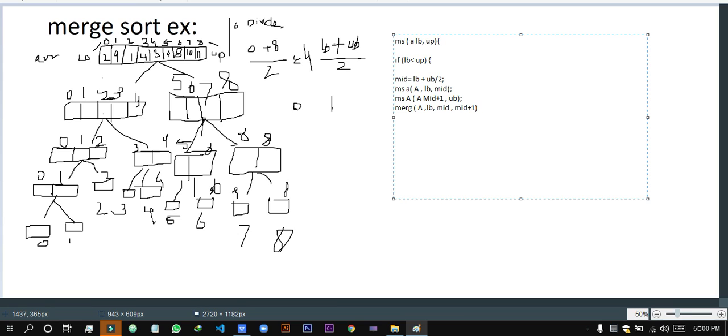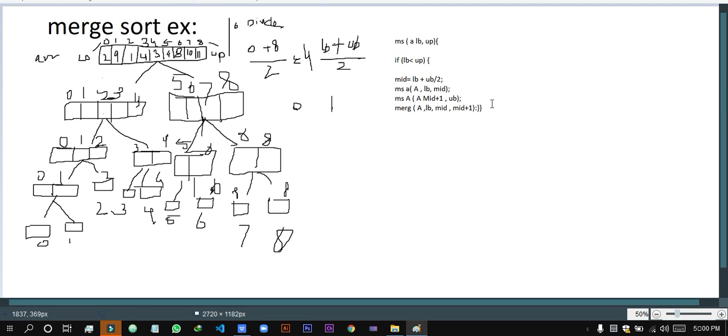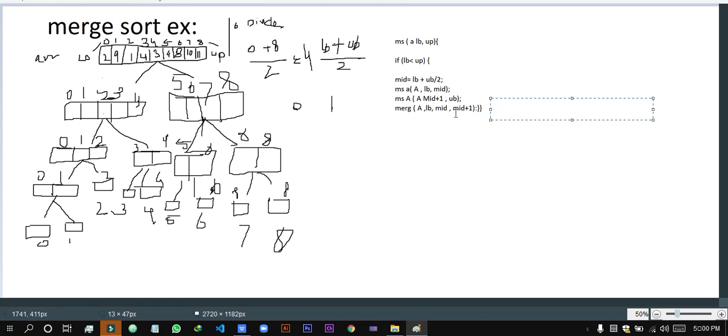Okay, this means that first it will sort and then merge them together to make a sorted array.